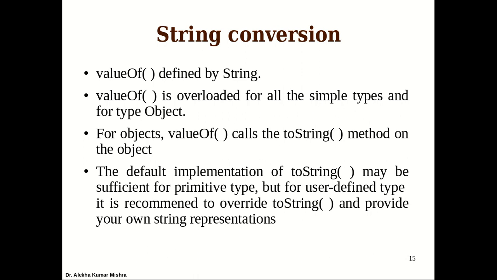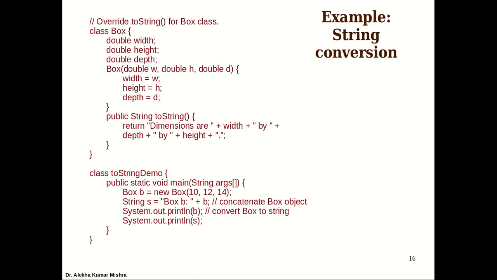Here is an example to clarify this concept, where automatic conversion happens. We have a Box class here. Whenever we want to print a Box, we cannot print it directly. Whenever we want to know the value of the Box, for primitive types we can use valueOf, for example with the wrapper classes, where we already use the int values in the box.